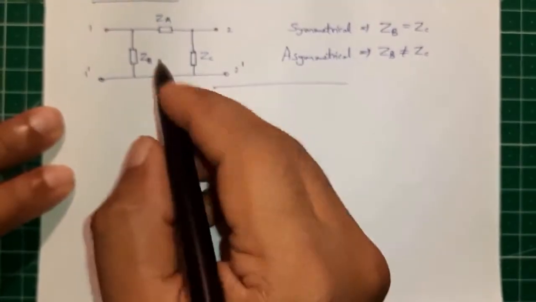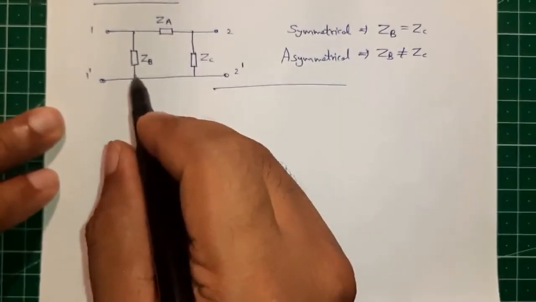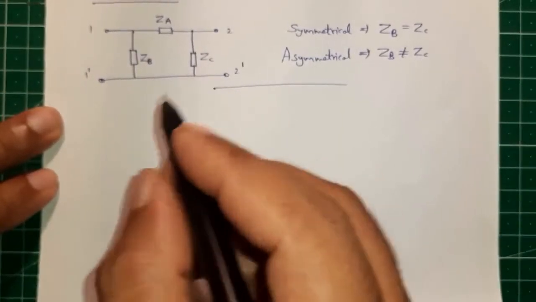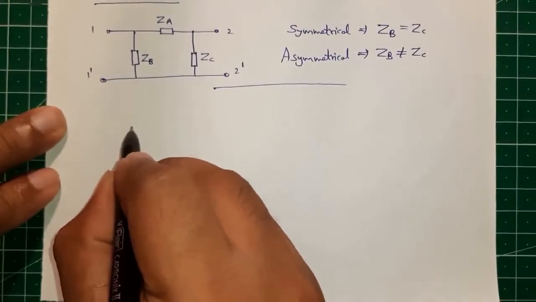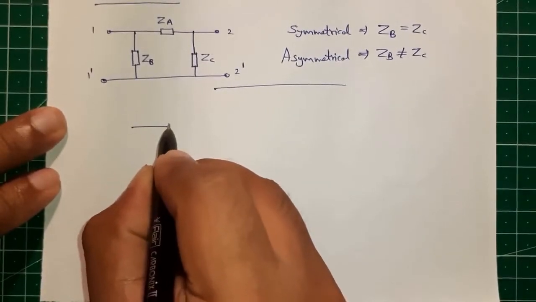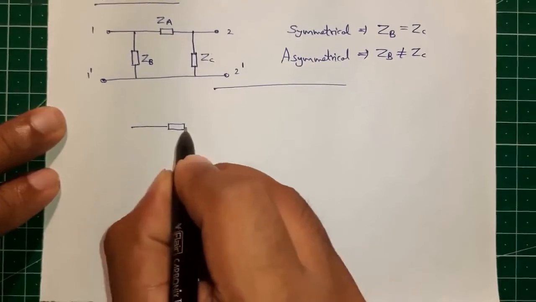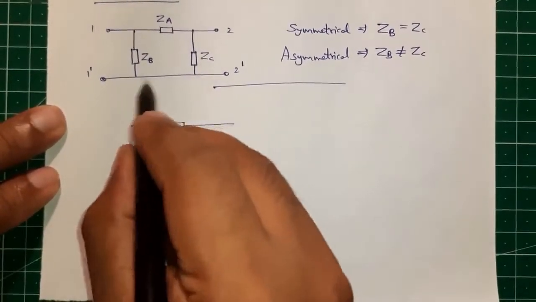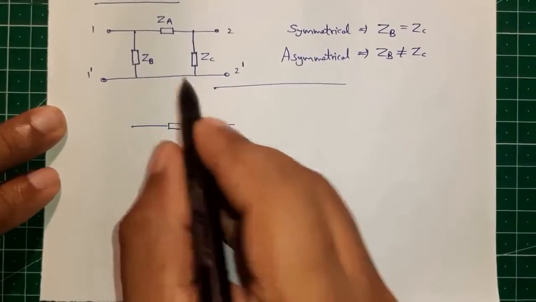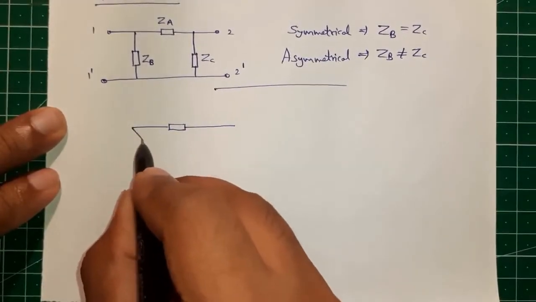Actually, this is like a delta. This point is the same. So we can represent this network like this. Actually, these points are the same. Branches are terminated like this.